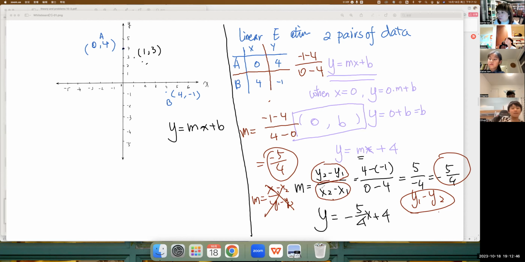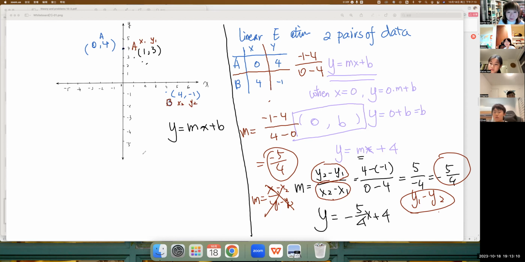Got it? Okay, so now let's take a look at the other one. If we are not lucky enough, and we have A is (1, 3) and B is (4, -1), how do we do it? The (1, 3) means the x value and the y value, right? This is x1 and y1, so you can plug them in and the equation is still working.